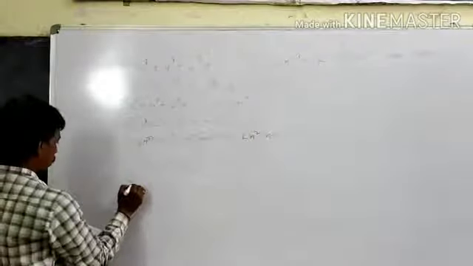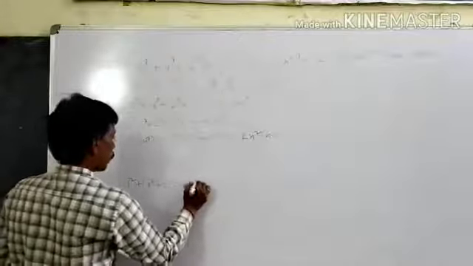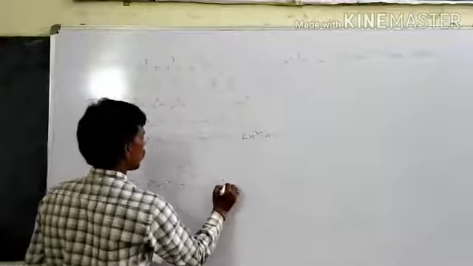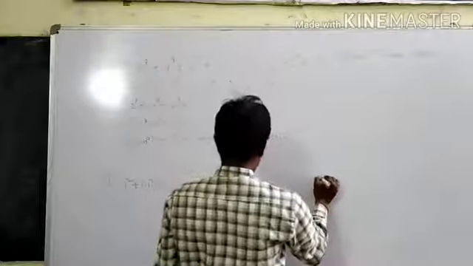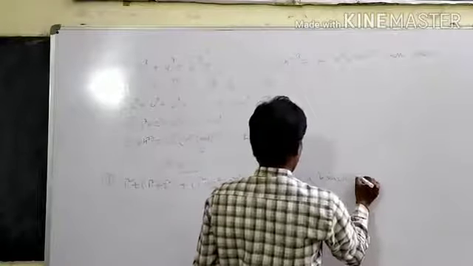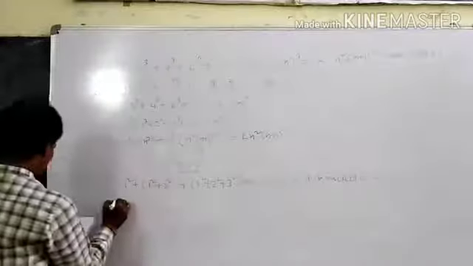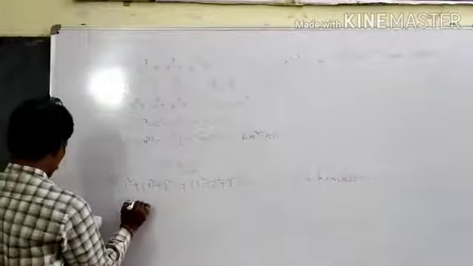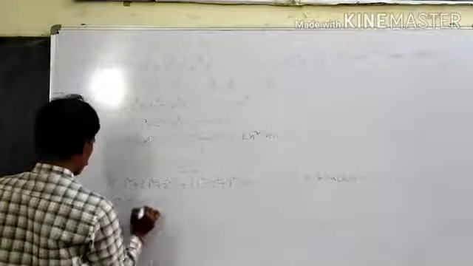Next: 1 square plus 2 square plus 3 square, and so on up to n terms, equals what? First option: n into n plus 1 whole square and n plus 2 whole square by 12.